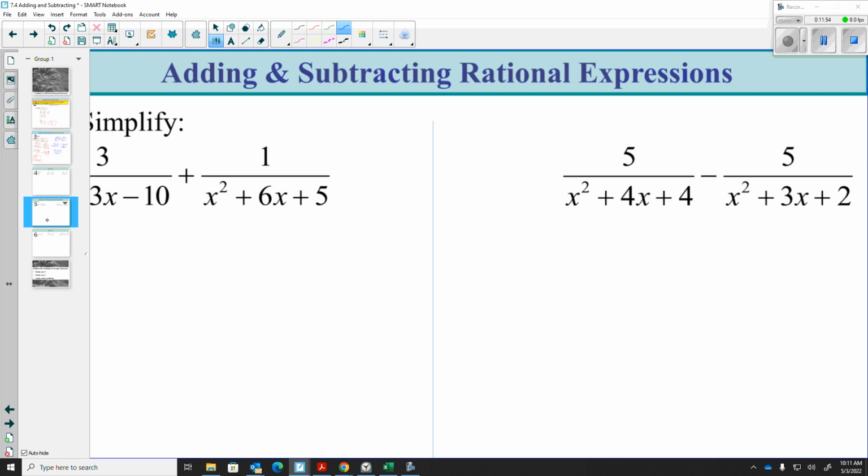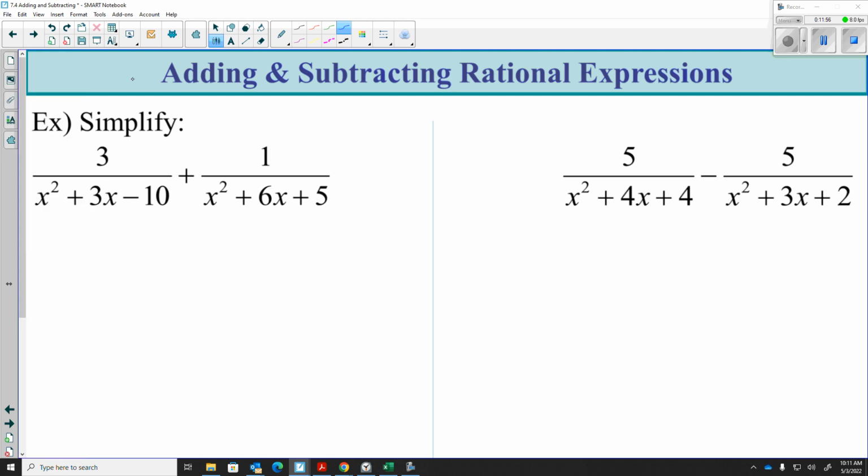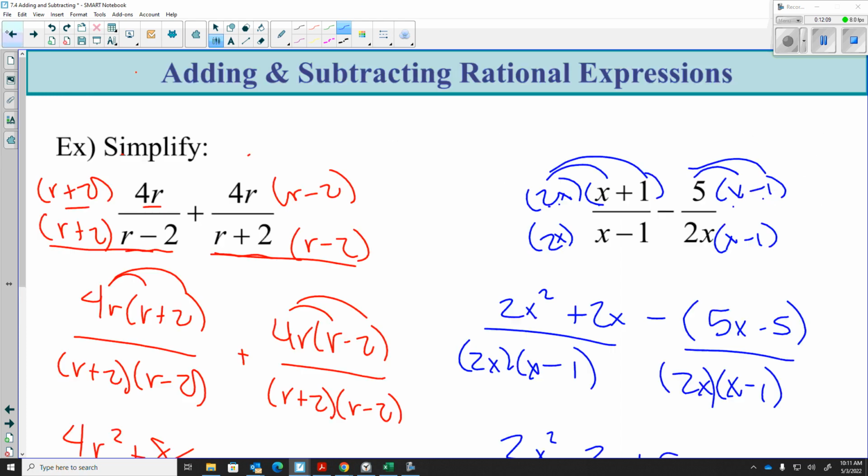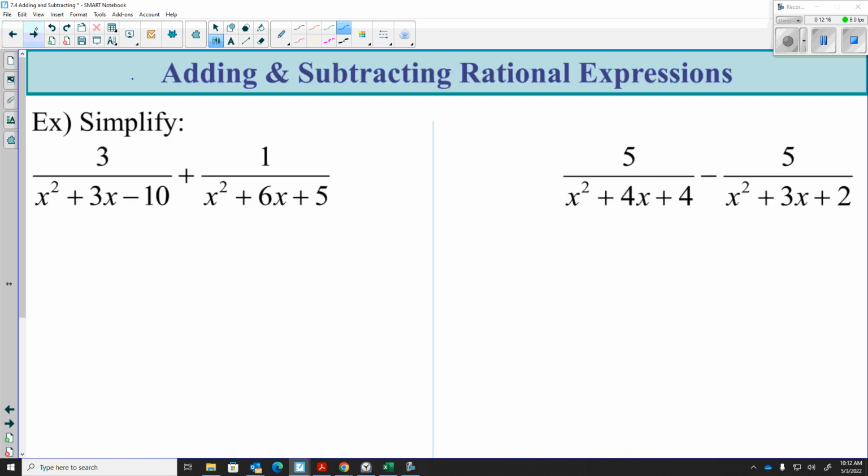Okay, let's do one more example, and then I'll be done talking to you guys. You'll practice for the rest of the time. Let's say you have one that looks like this. These denominators, are they the same? No. Okay, so when they weren't the same before, what did you do? You multiplied them by each other, right? Do you want to multiply these things by each other? No. Because you would have to do triple distributing.